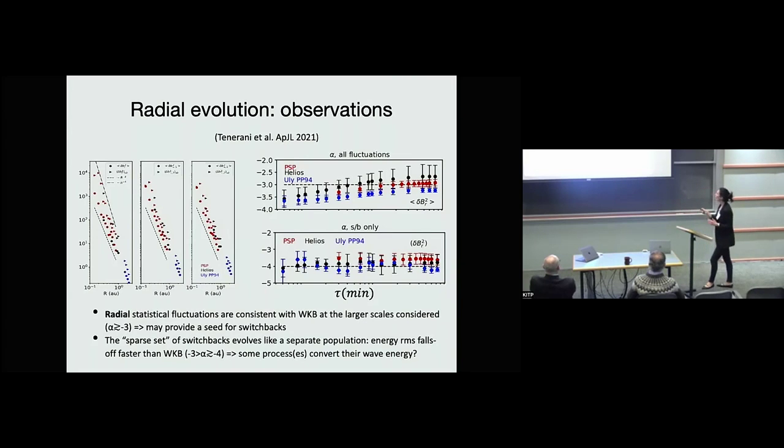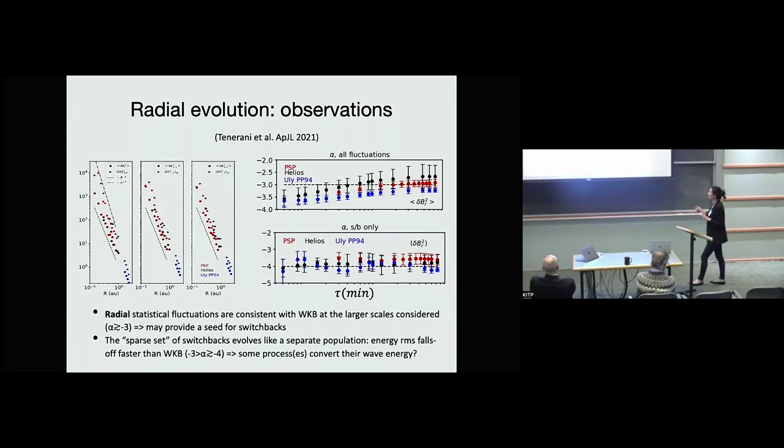Now, if we consider, however, the sparse set of switchbacks alone, we see that they decay with radial distance much faster. And this radial coefficient here is -4 rather than -3. Okay, so the conclusion is twofold. One, yes, the bath of Alfvénic fluctuations can be precursors of switchbacks, and then the expansion can give them a kick to form switchbacks.